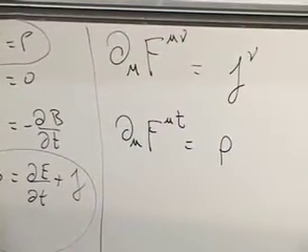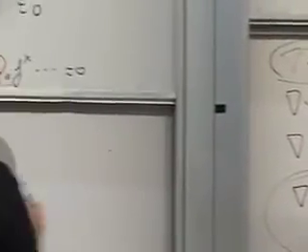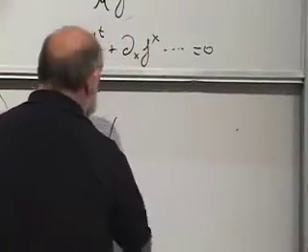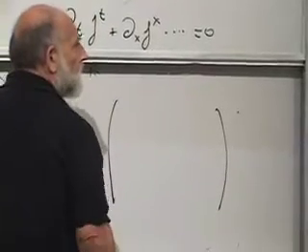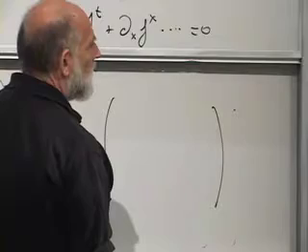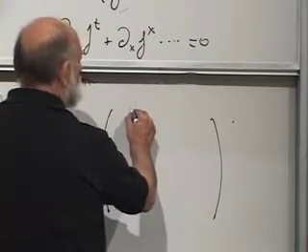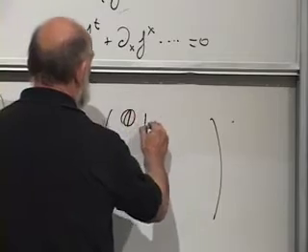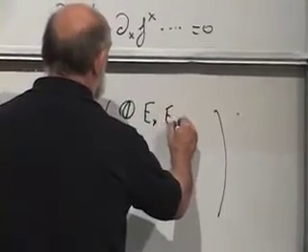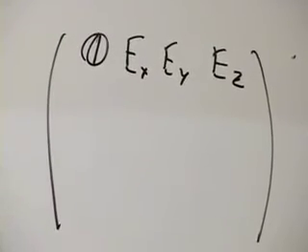To see what the left-hand side is, we have to go and rewrite the field tensor, but we don't need the whole thing. All we really need to remember is that we have the components of the electric field 0, Ex, Ey, and Ez along here.